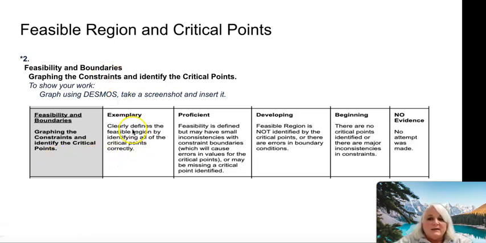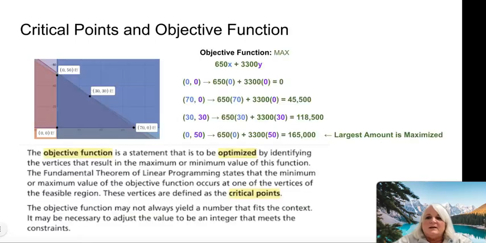So exemplary means that you clearly define the feasible region by identifying all of the critical points correctly. So in the proficient, you might have been slightly off on the boundaries, so your critical points aren't all correct. And developing is when you have more errors in your boundary or not identifying your critical points.